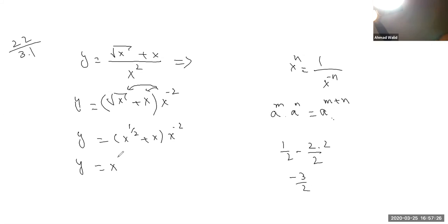Then x to the power of negative 3 over 2. When you distribute this to this, your answer is x to the power of negative 3/2, plus, when you distribute x to the power of 1 times x to the power of negative 2, it gives you x to the power of negative 1.